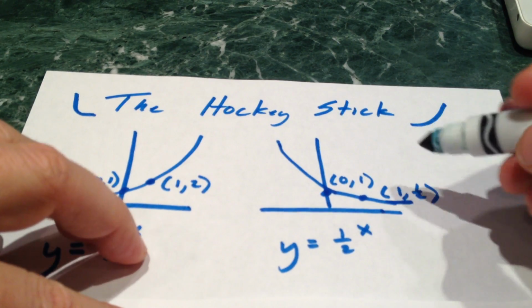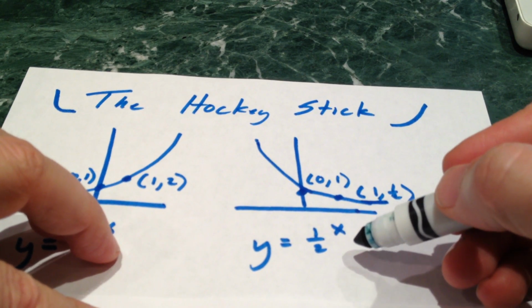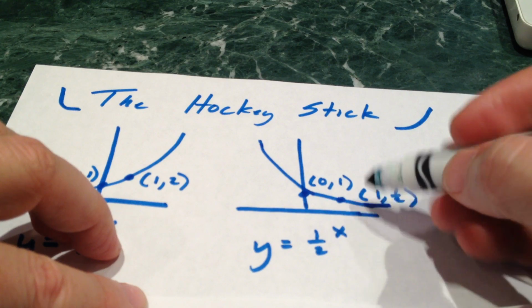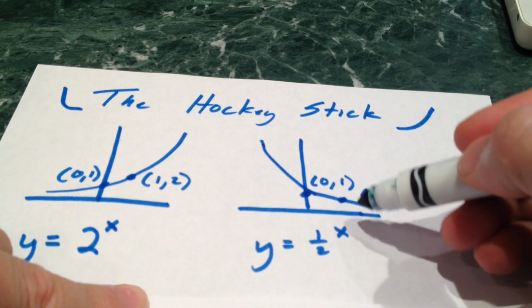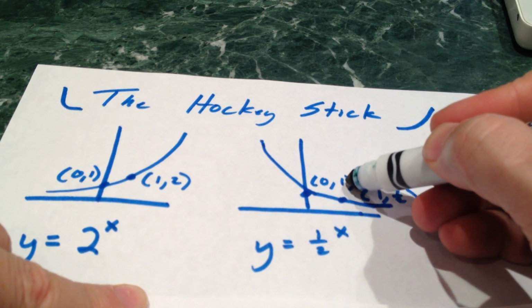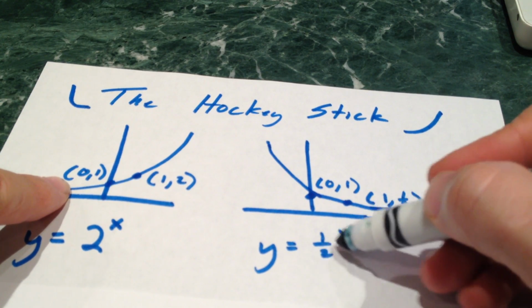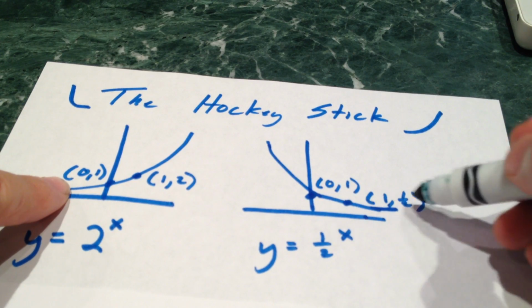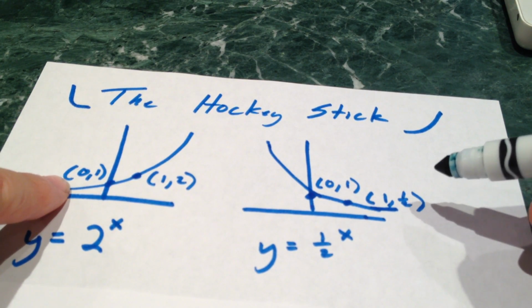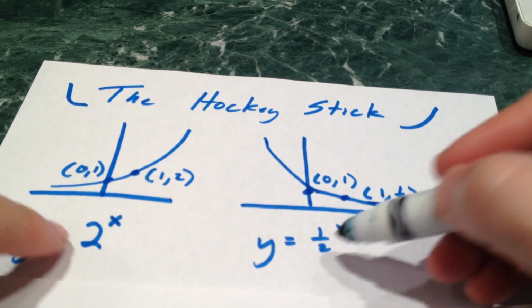And then if it's some number less than 1 but greater than 0, it will also go through 0, 1. And once again, the reason for this is anything to the 0 is 1, so that happens on both of them. And this also goes through 1, comma, whatever the base is, because that thing to the 1 is going to be that number. But that's one thing to notice about this.